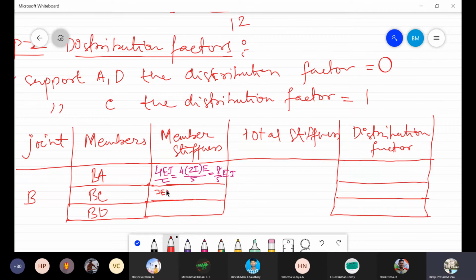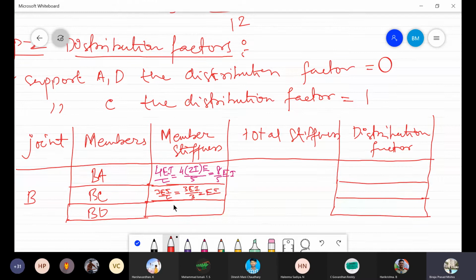So 3EI by L, so 3EI divided by L is how much? Again 3 meters, so it is EI.